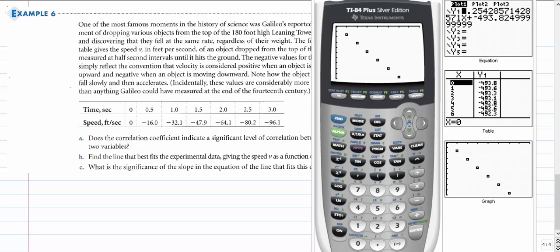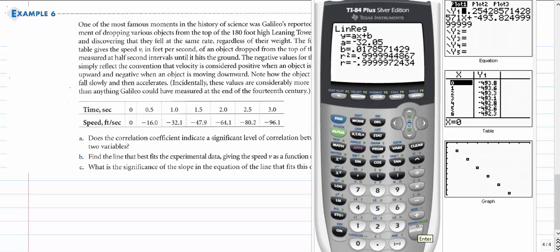And then I'm going to find stat, calc, linear regression, but I want to use L3 and L4. If I don't put it in, it automatically picks up L1 and L2. So L3 is second 3, comma, second L4, enter.